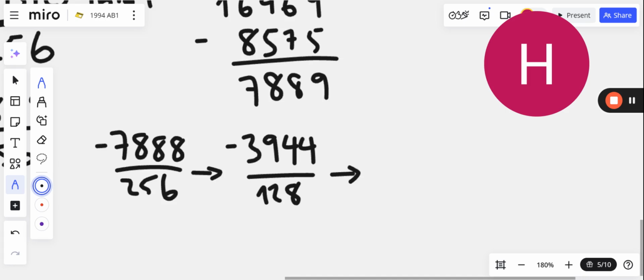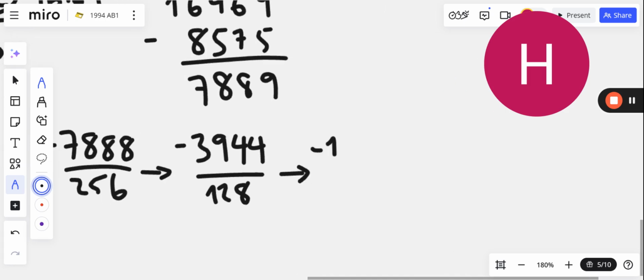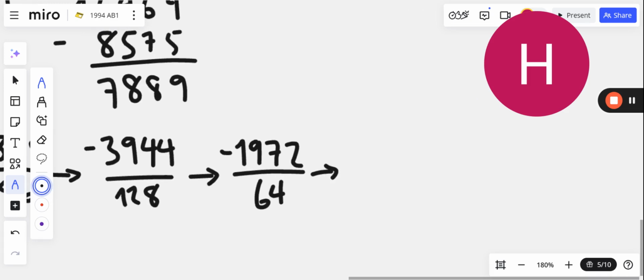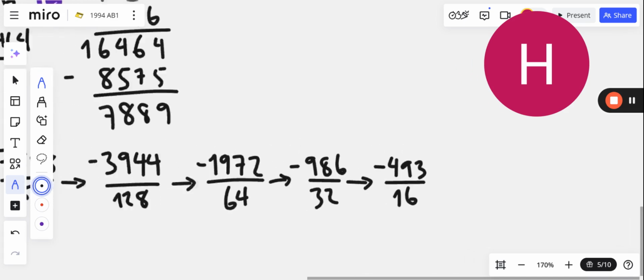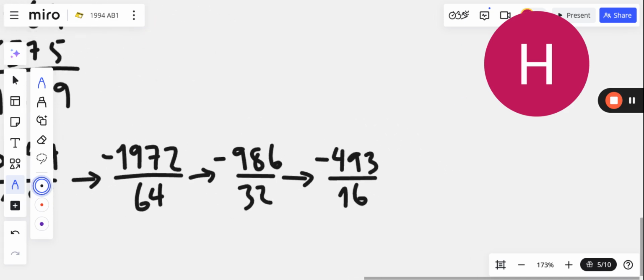And then I can divide this by 2 really quickly. This is going to be negative 1972 over 64. And then I can divide this by 2 again. This is going to be negative 986 over 32. I can divide this by 2 again. This is negative 493 over 16. And now I can pretty much tell that this is not going to be very large.